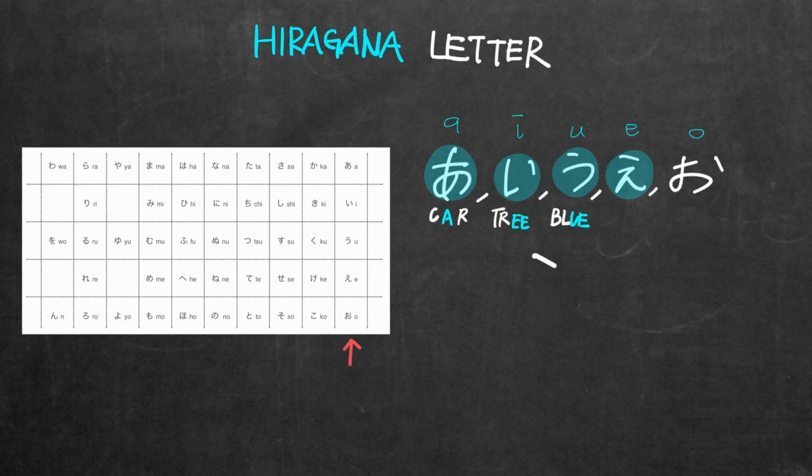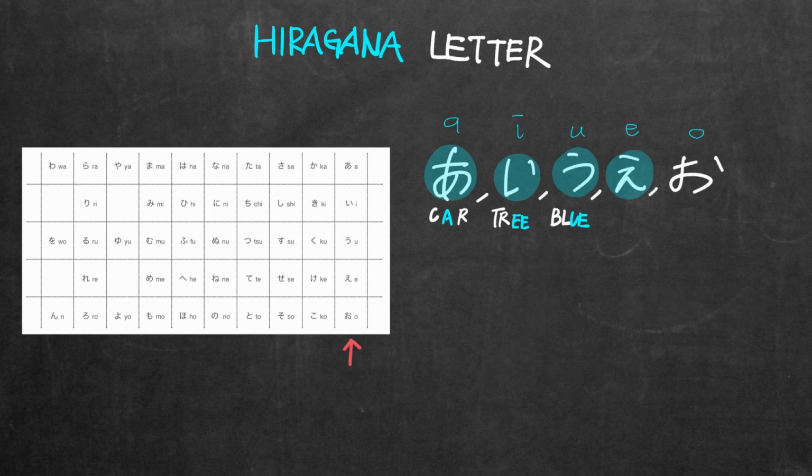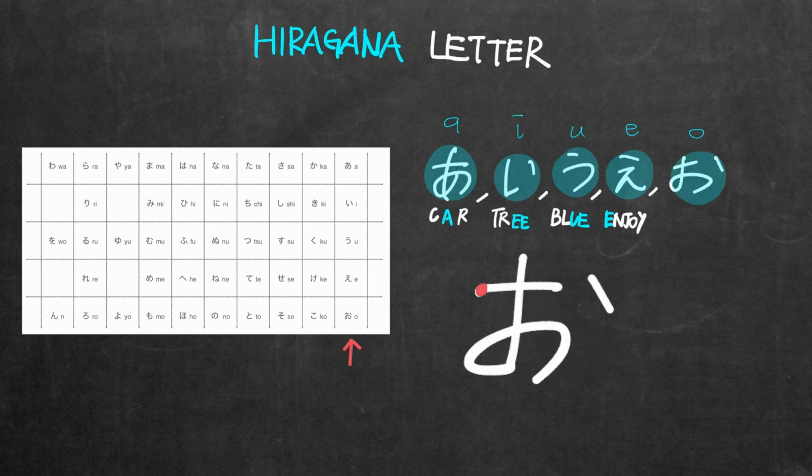The next one is E, pronounced as E as in enjoy or amber. The last one on the first row is O. O as in old.